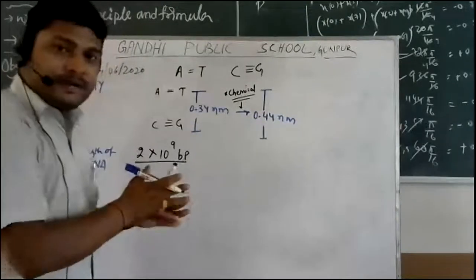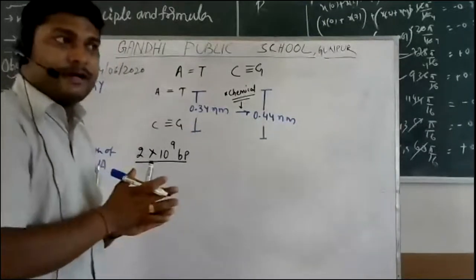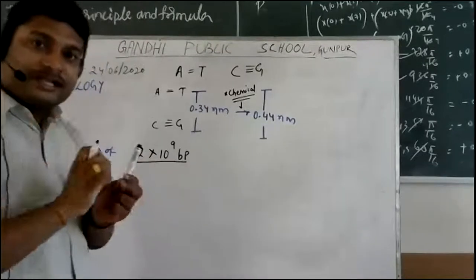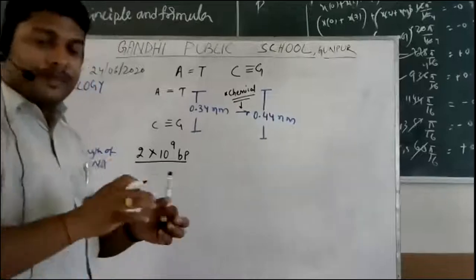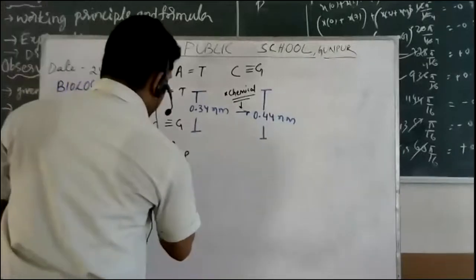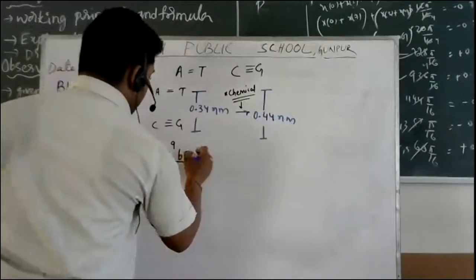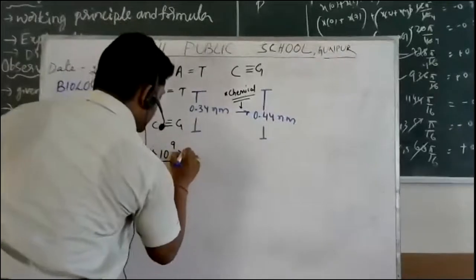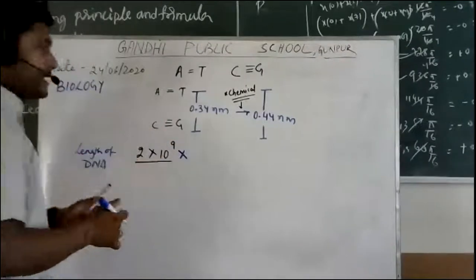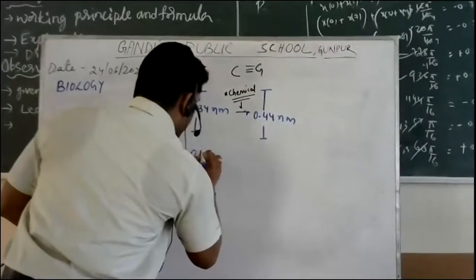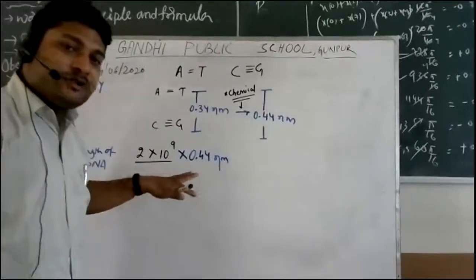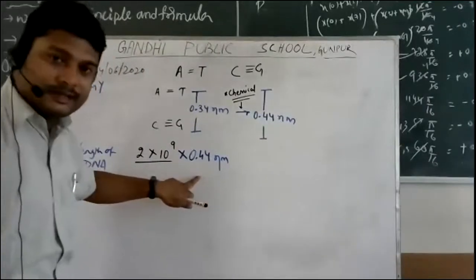Base pairs give us the amount of the nitrogen bases, and if we multiply that with the distance between the base pairs, we are going to get the result. So here we simply multiply 2 into 10 power 9 into 0.44 nanometers. This is going to give us a result in nanometers.